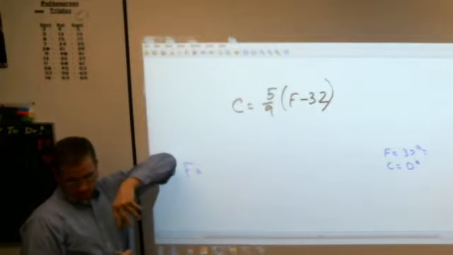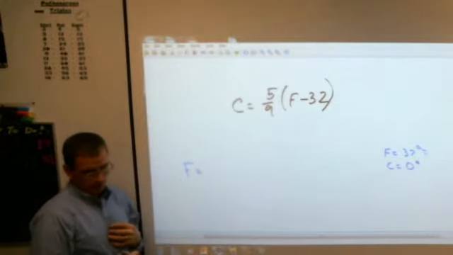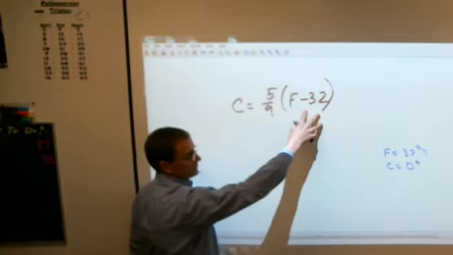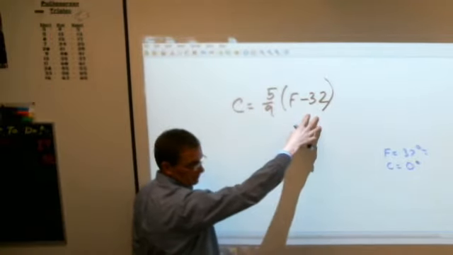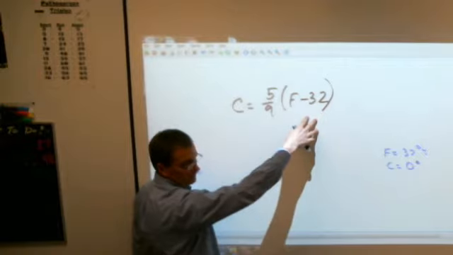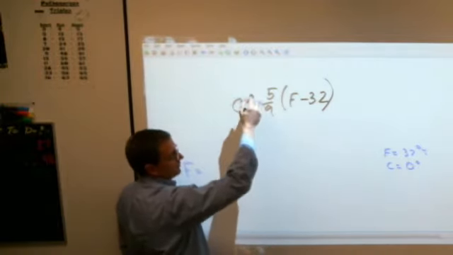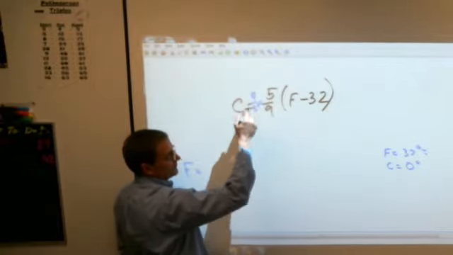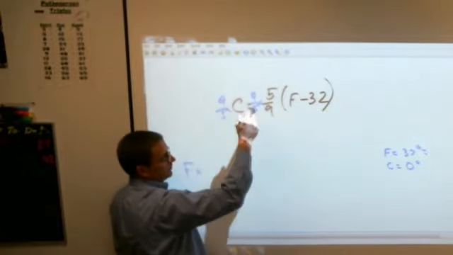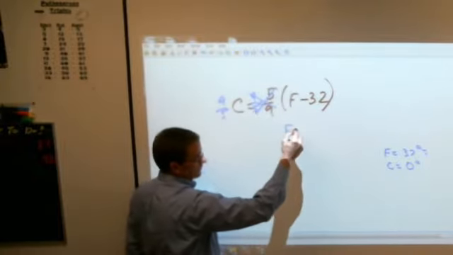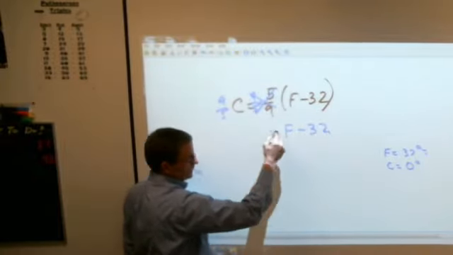You would put in the numbers. Nope. First thing you do is what? Yeah, you want to get rid of multiplication, this times this. To get rid of multiplication, you do the opposite, which is division. And when you divide by a fraction, you flip and multiply. So I multiply both sides by 9/5. Because when you multiply 5/9 times 9/5, it goes away, and you're left with just Fahrenheit minus 32 over here.